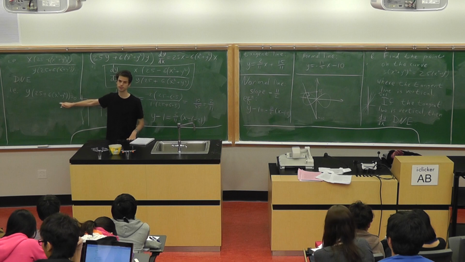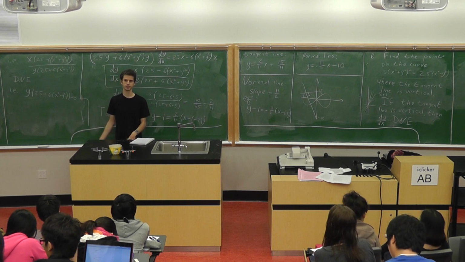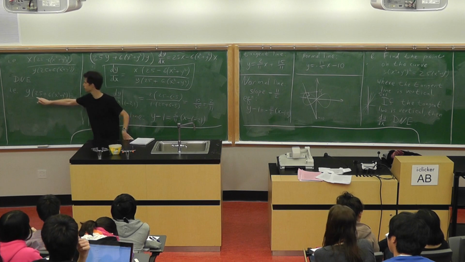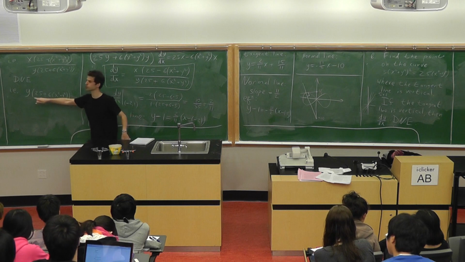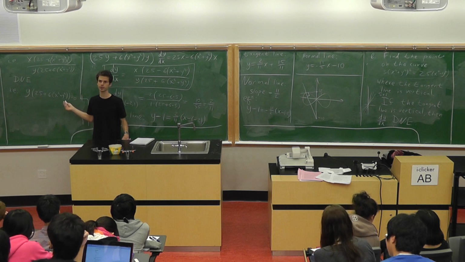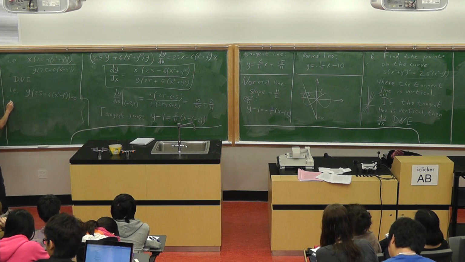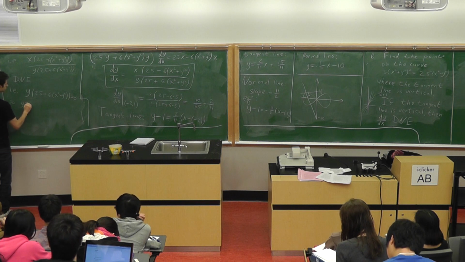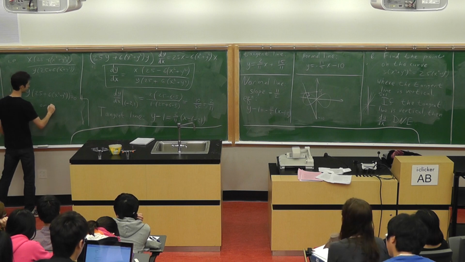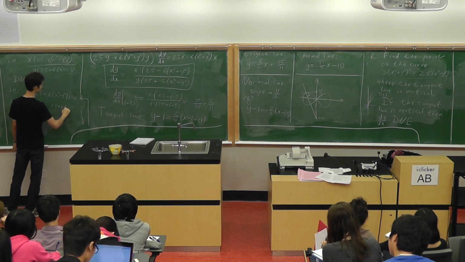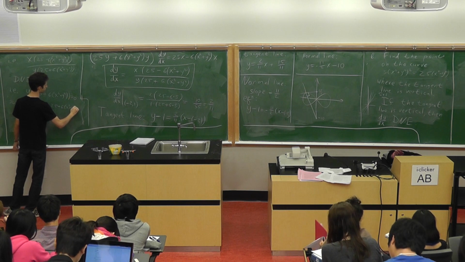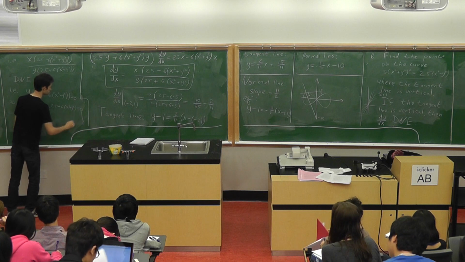You have to solve such an equation, and it's in fact a very simple one. The product of two things is equal to 0. It means one of them is 0. So y is equal to 0, or 25 plus 6(x squared plus y squared) is equal to 0.